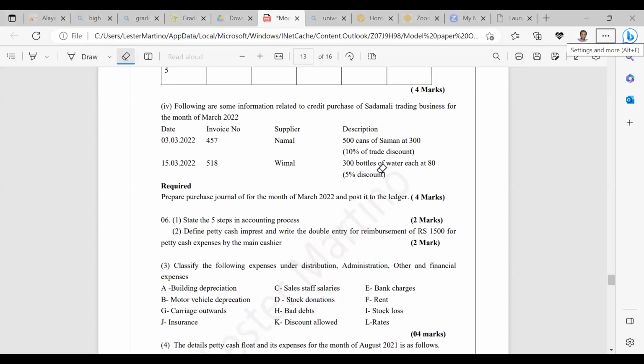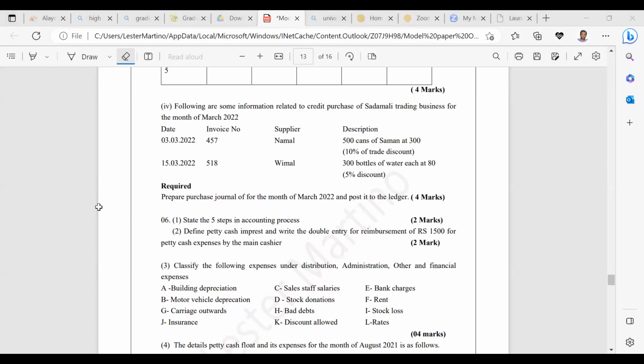So first one, just copy the date, 3rd March 2022. Namal, invoice number 457. The value: it's 500 cans of salmon at 300.